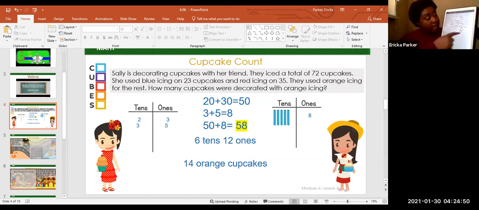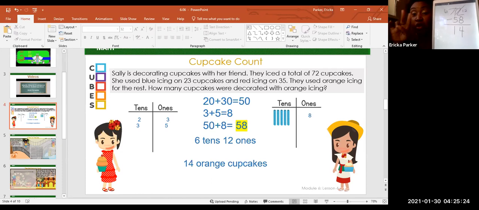Once we got that 58, you're going to take that 58 and subtract it from 72. We already know we need to regroup here. So that's going to give us 12. This is going to bring us down to 6. So 6 minus 5 equals 1. 12 minus 8 equals 4.